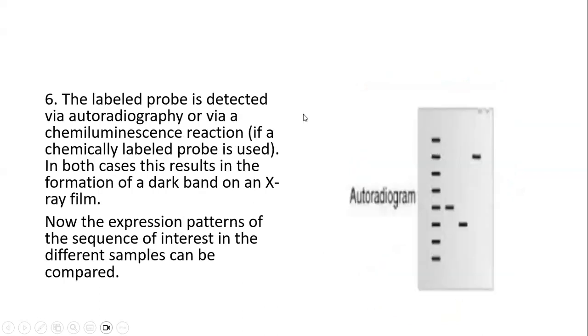The next step is again development. You can use different methods for development. Autoradiography is commonly used, and by autoradiography you are going to get the bands which you can compare with the original RNA in the agarose gel electrophoresis, and you will be able to identify specific gene expression.